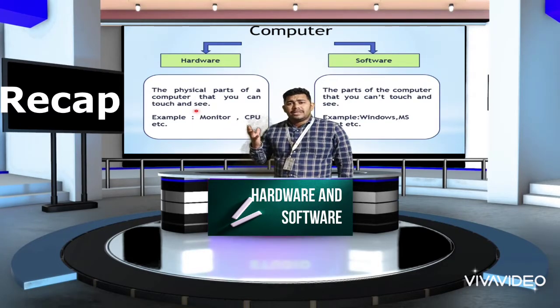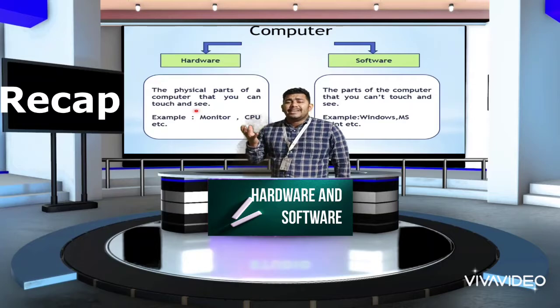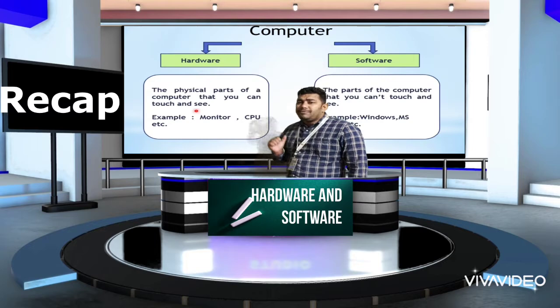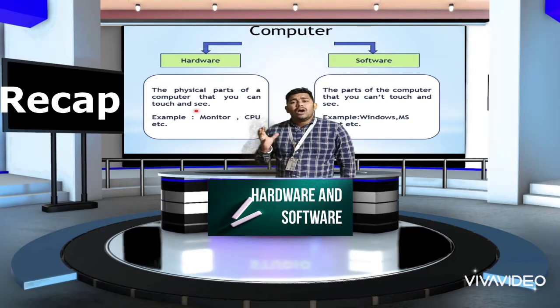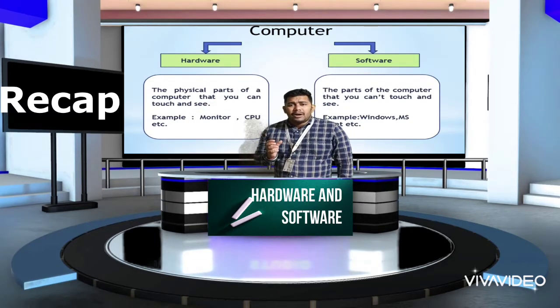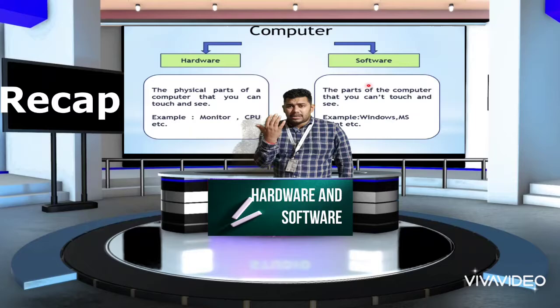Hardware is nothing but anything that you can touch and feel. Anything you can touch and feel, that is called hardware in simple terms. And what is software? Software is what you can only see.